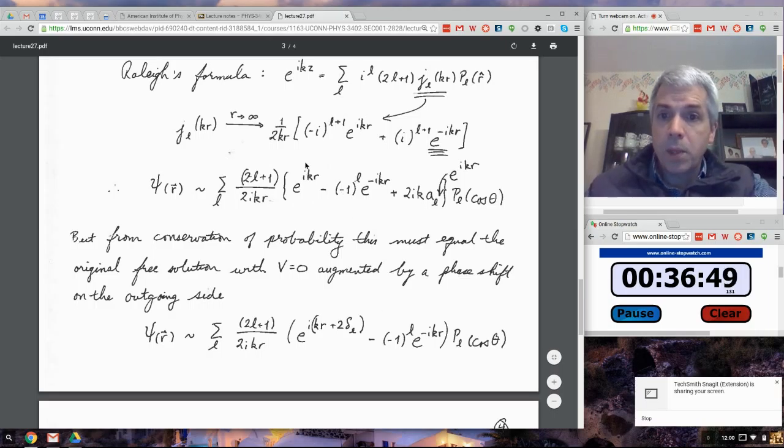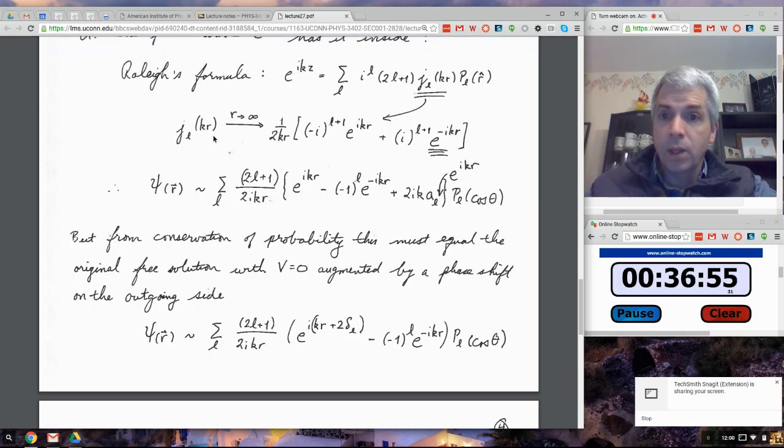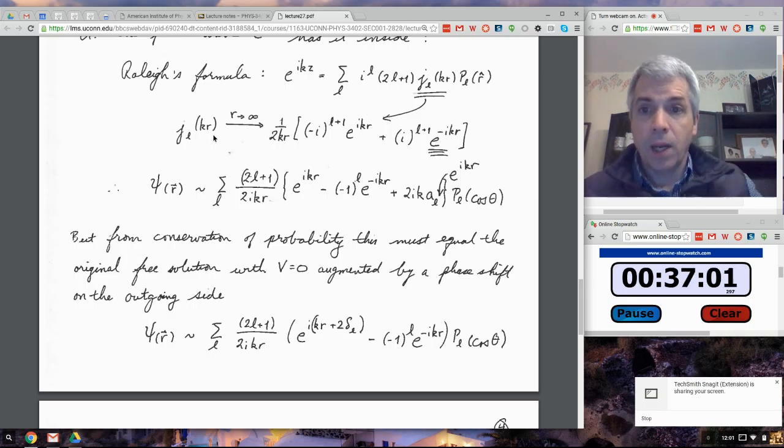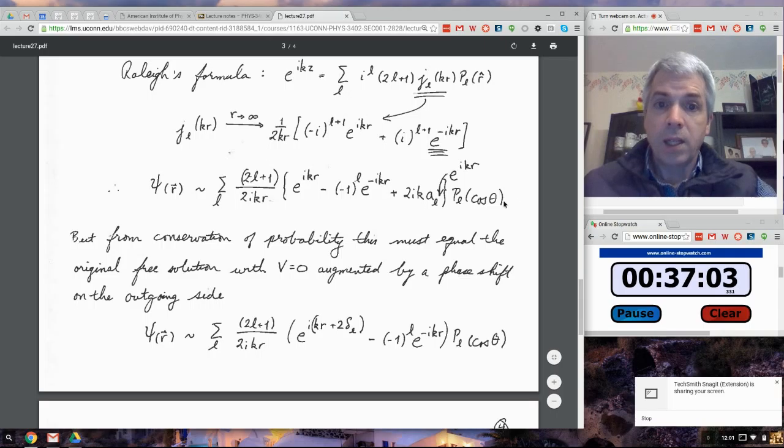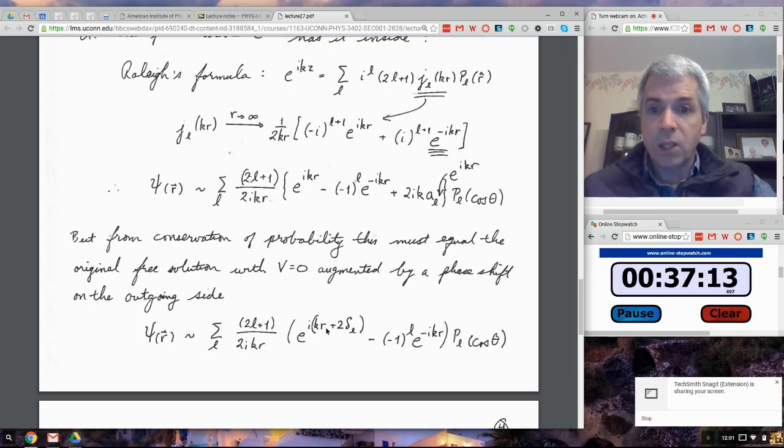Then what should my outgoing wave be? Well, it should just be this one, because this is the free particle which J sub L represents when V is 0. Remember that the free particle, when there's no V anywhere in space, is just J sub L of KR times P sub L of cos theta. Since that's the free state, e to the plus IKR would be the reference wave. That's the one where the phase shift is 0.